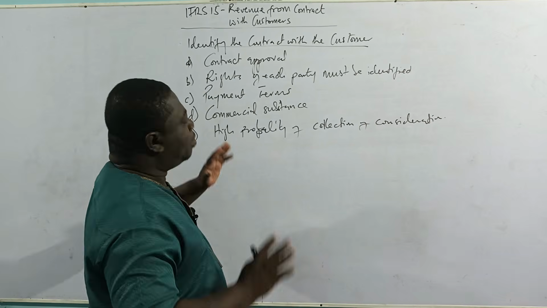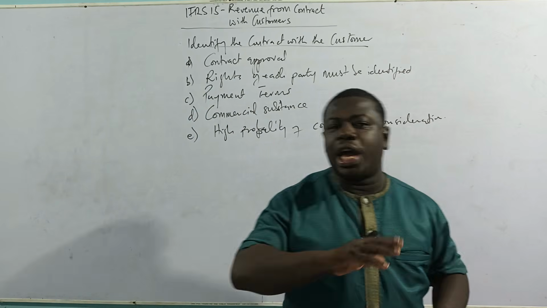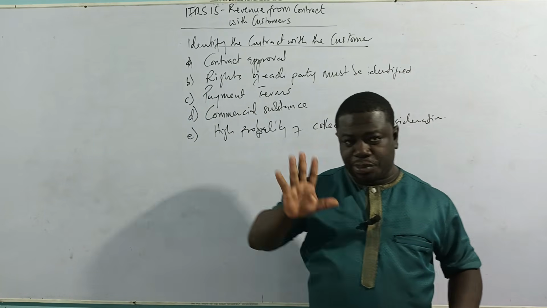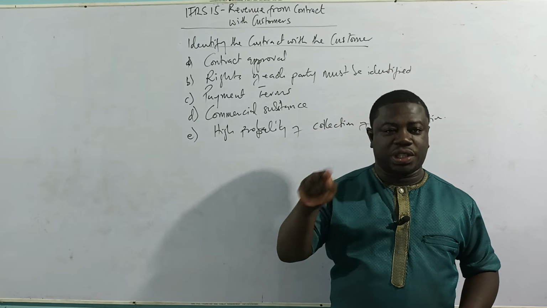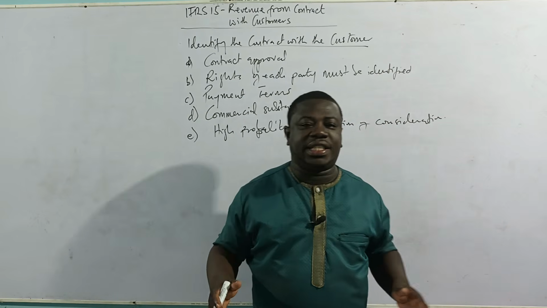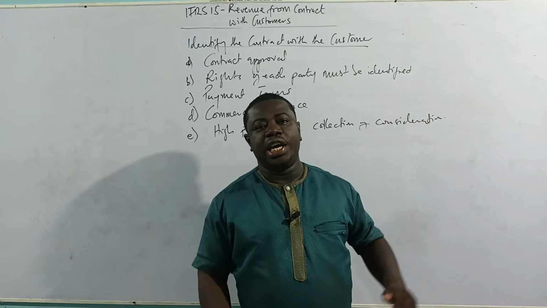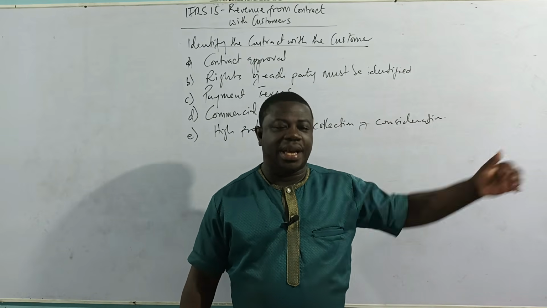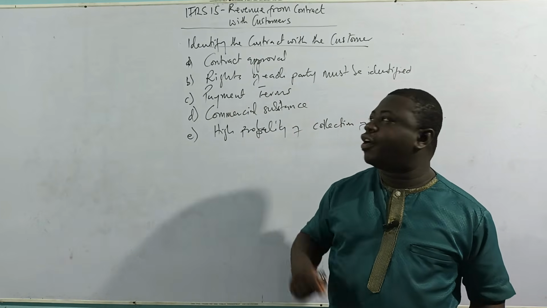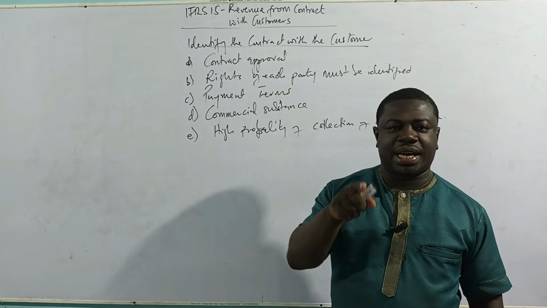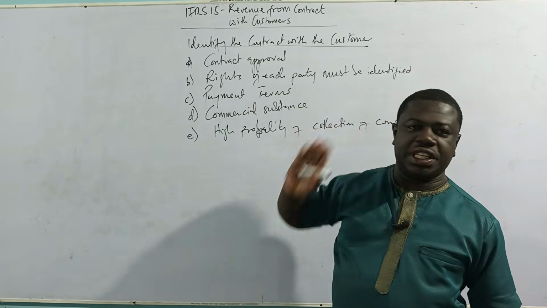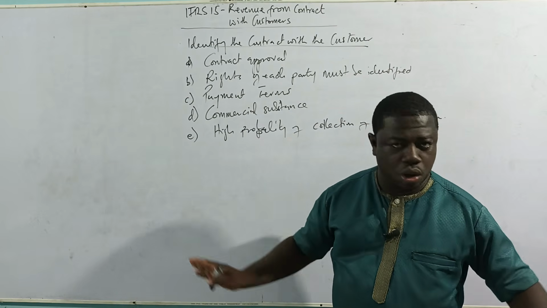Okay, so ladies and gentlemen, what we are doing is that the 5-step model framework, we are picking each of them one by one and dealing with the issues in there. Now remember that the first step of the 5-step model framework is to identify the contracts with the customer. Now under that, IFRS 15 is saying that before a contract with a customer can be identified, all of these 5 conditions must be met. All must be met.